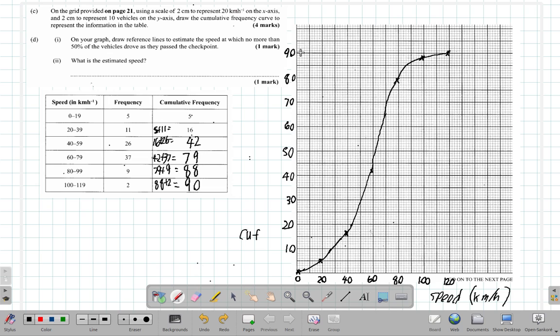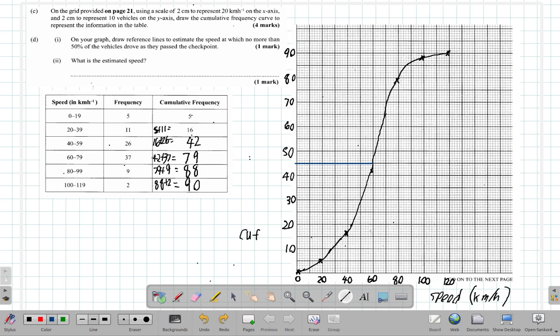All the way up is 90, so halfway up would be 45. I'm going to draw a line. Use your ruler. I use my imaginary ruler, and I'm saying 45 is 50%.